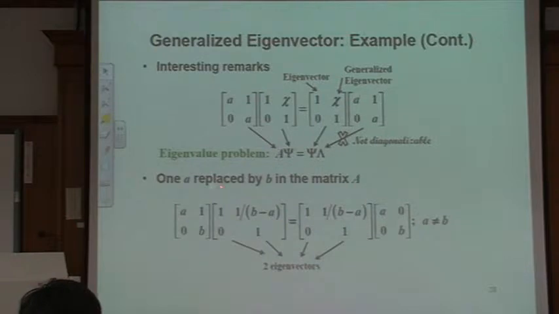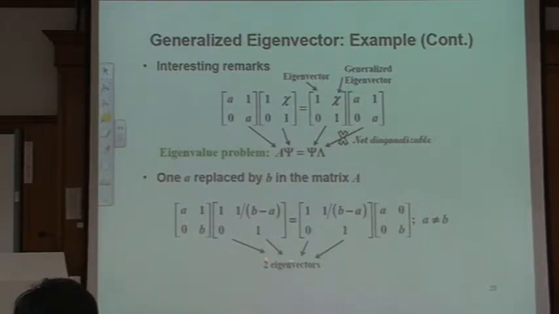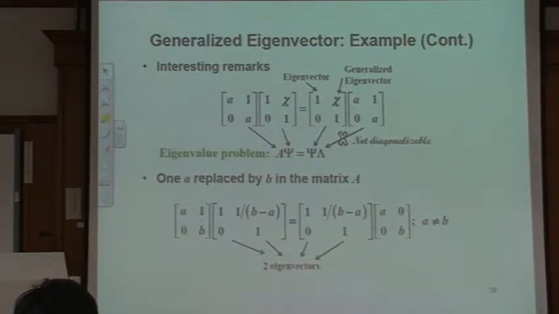In the other case, if A is replaced by B in the matrix A here, then you can also calculate, just using chi equal to 1 over B minus A. Then these two eigenvectors are not generalized eigenvectors, they are real eigenvectors, calculated by the original method we already saw.